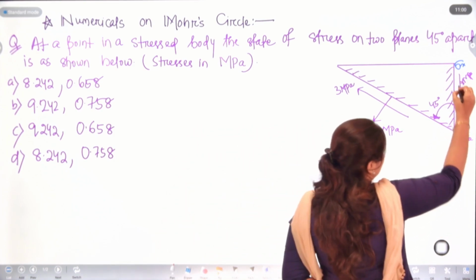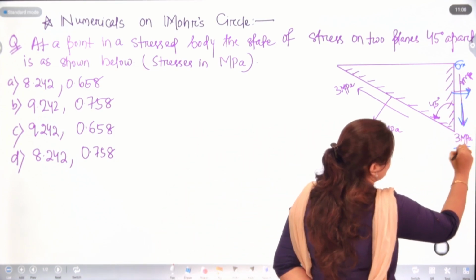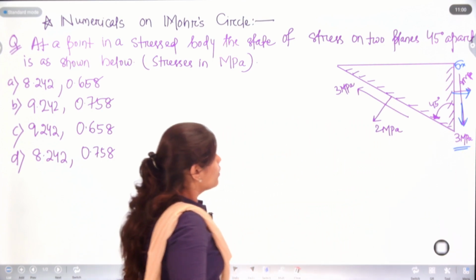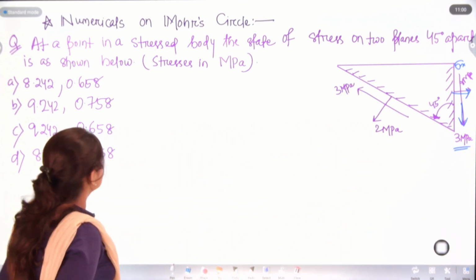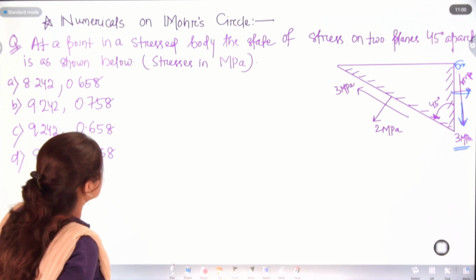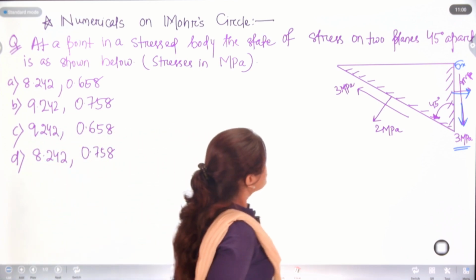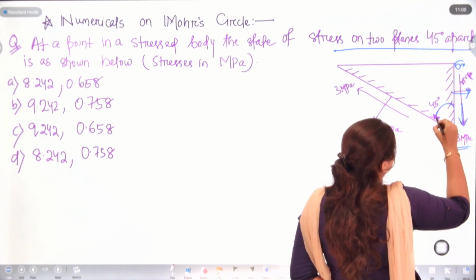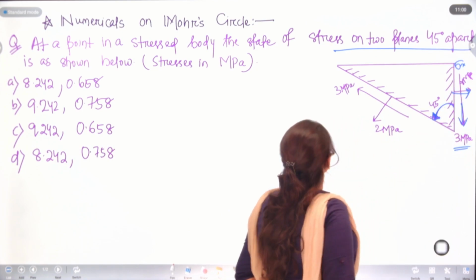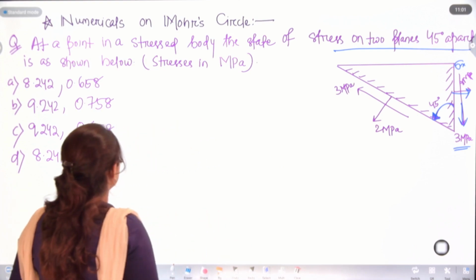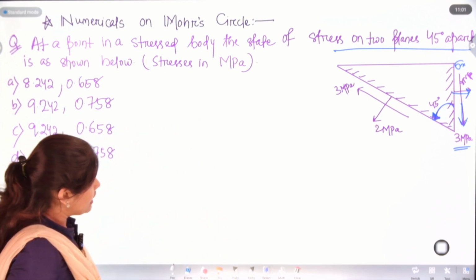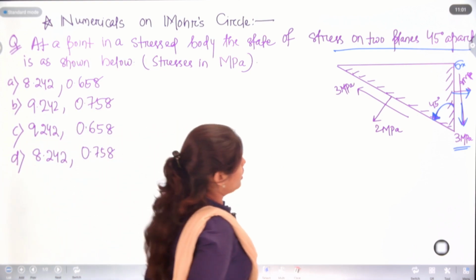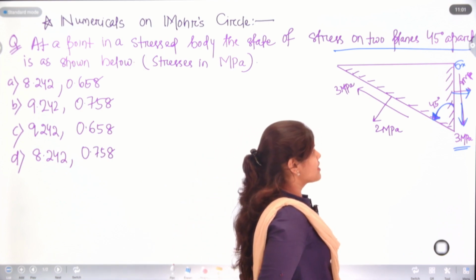And we have one shear stress that will be 3 megapascal. What is asked in this question: at a point in a stressed body, the state of stress on two planes that are 45 degrees apart is as shown below. The angle is given, sigma x is given and shear stress is given.